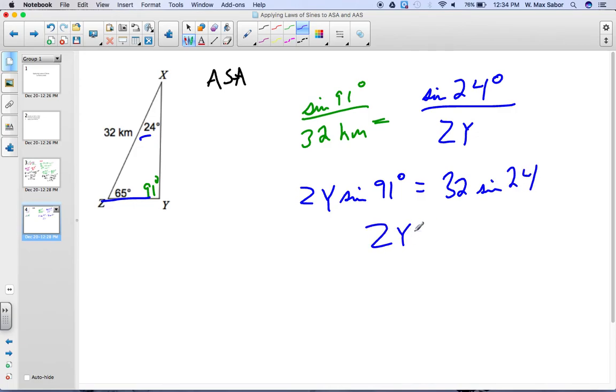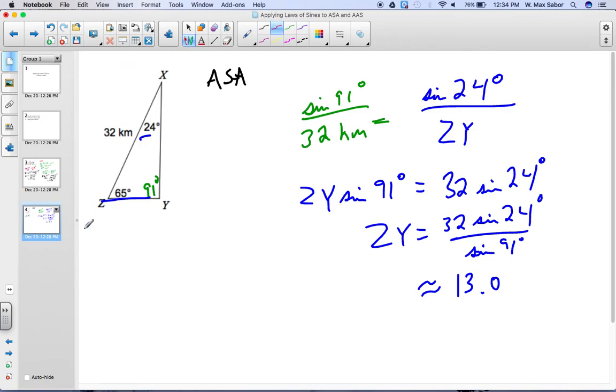So ZY equals 32 sine 24 over sine of 91. It'd be good to make sure to type in degrees. A common error is to have your calculator in the wrong mode. And when I multiply that out, I get approximately 13.